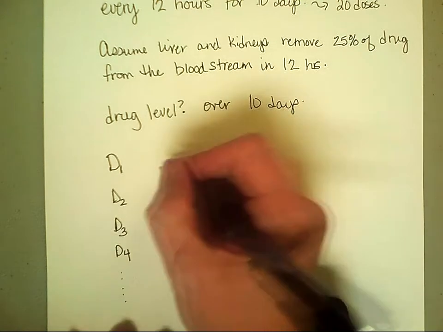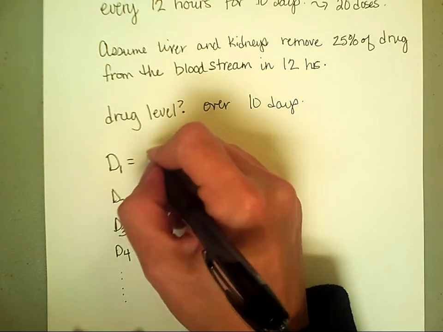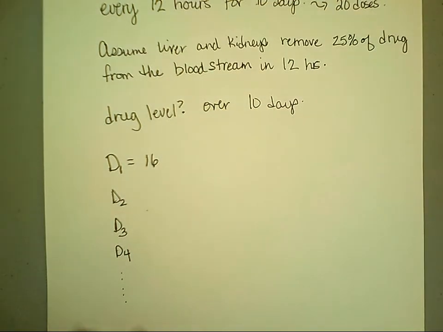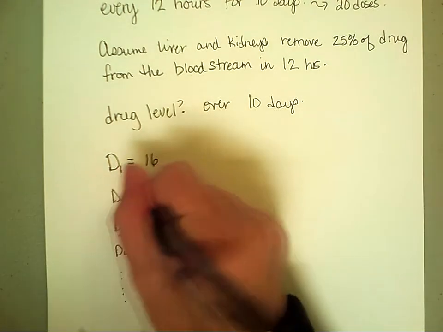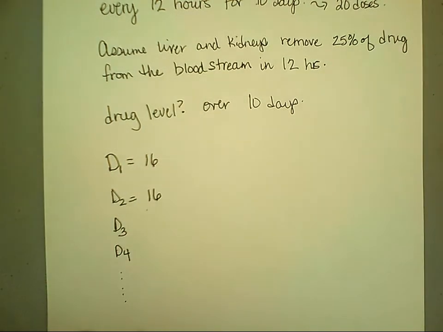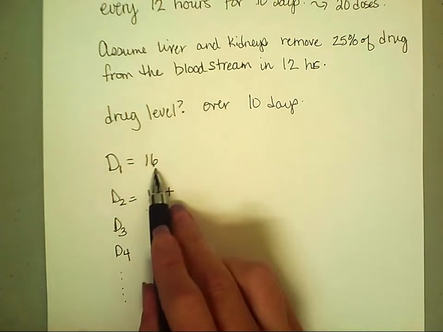So our first dose is the initial one, and there is none of the drug in our system until we take it. So now we have 16 milligrams. Now it's 12 hours later. I'm going to take another pill, which puts 16 milligrams back into my body. But I still have some from the first dose.